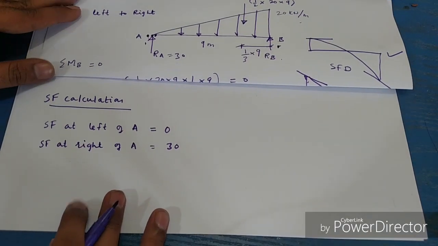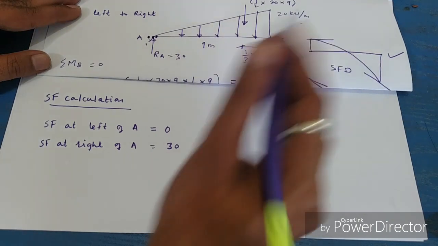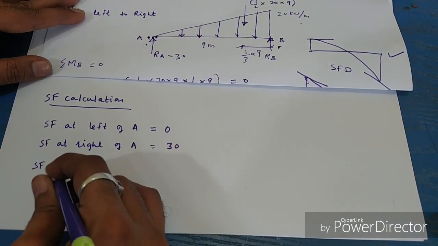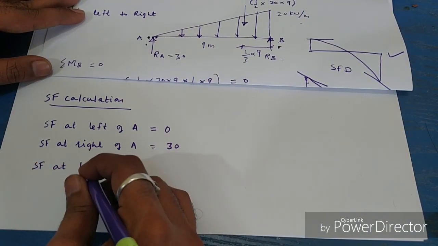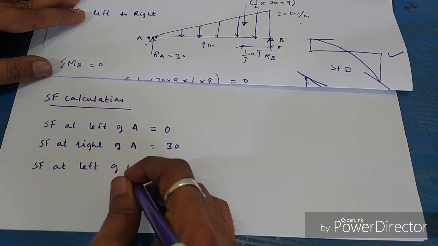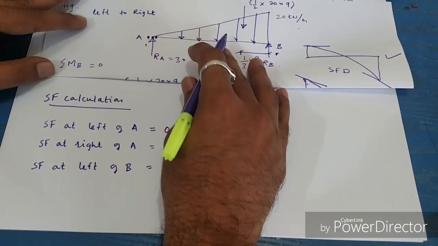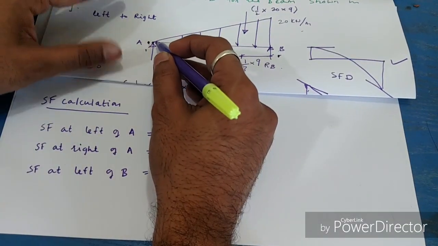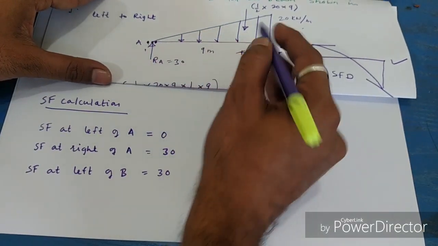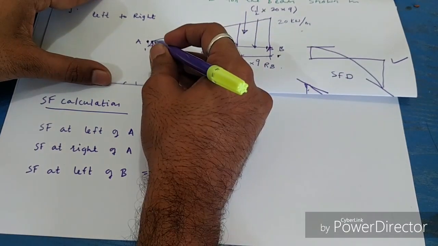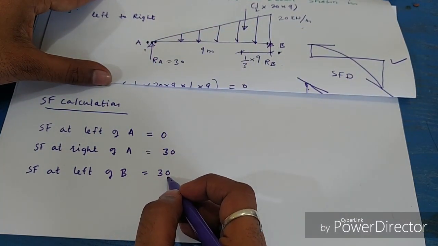And you take the next point, point B. Shear force at left of point B, left of B. So we have to take this 30. We are traveling from right of A to left of B. Right of A we have taken the value 30 kilonewton.